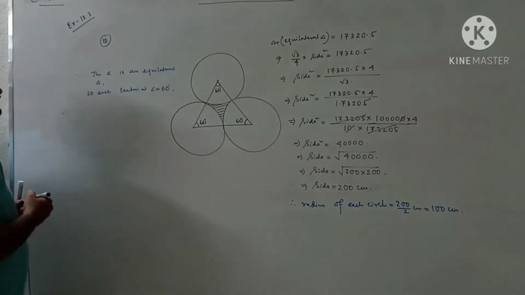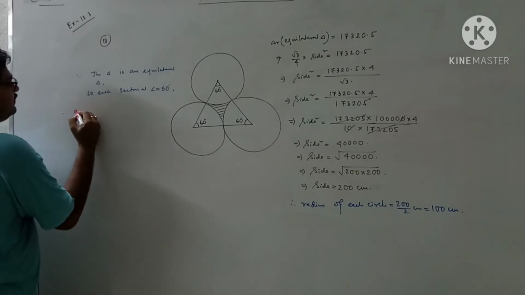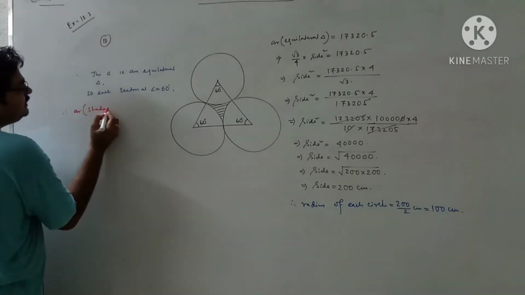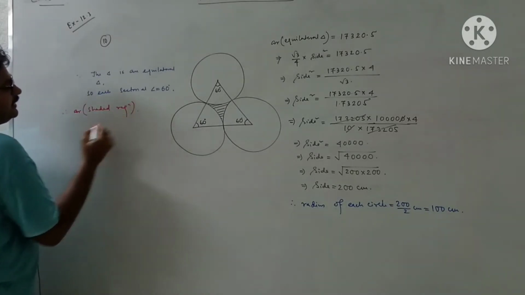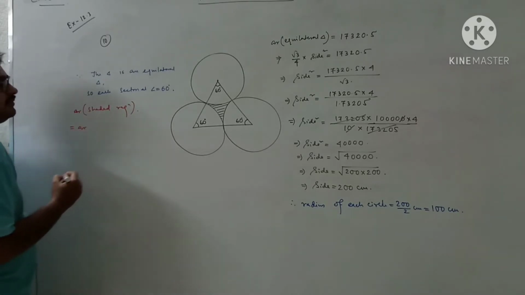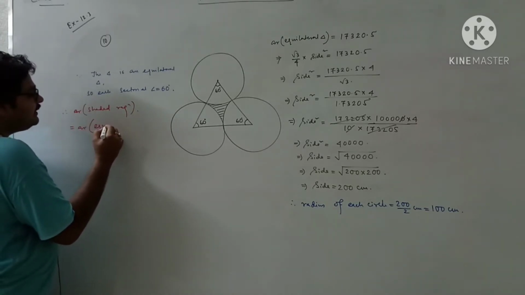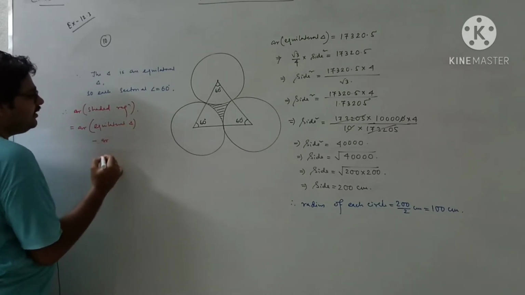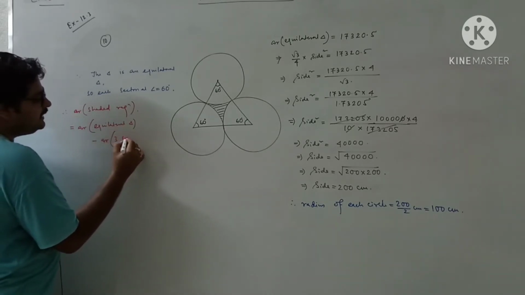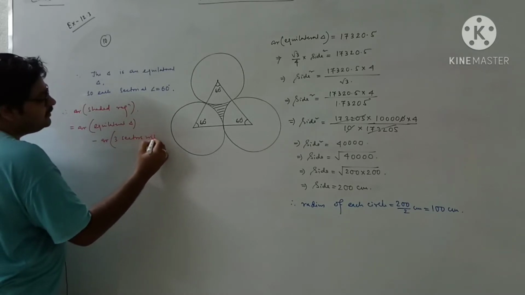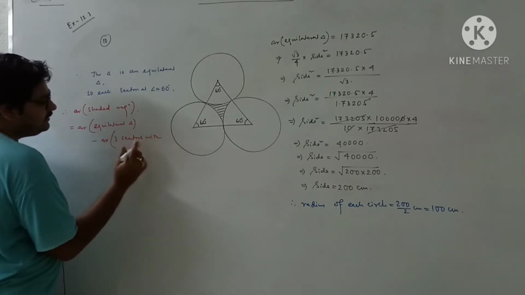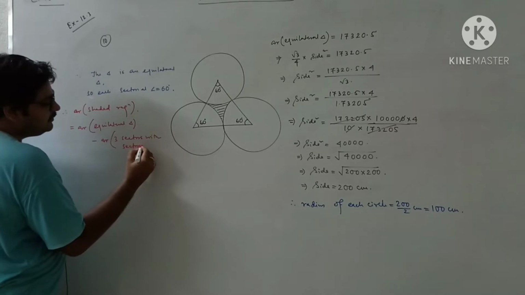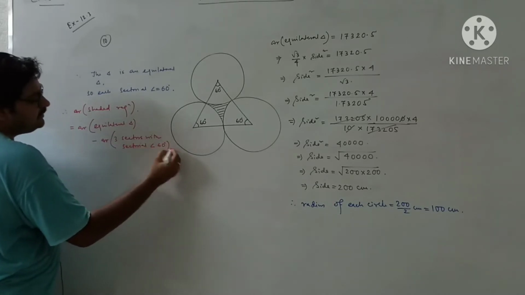Therefore, area of the shaded region equals area of equilateral triangle minus area of three sectors with sectorial angle 60 degree.